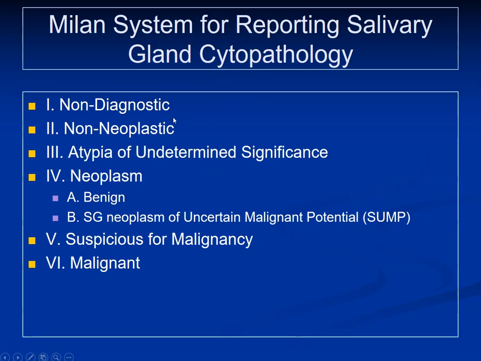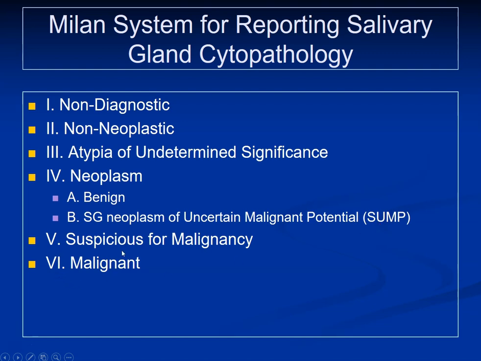system. It is a 6-category diagnostic system, and the first category is non-diagnostic. The second is non-neoplastic. Category 3 is atypia of undetermined significance. Category 4 is quite interesting because it is split into 2 parts, and this is the neoplastic category, where we have benign neoplasms or salivary gland neoplasms of uncertain malignant potential, or SUMP.